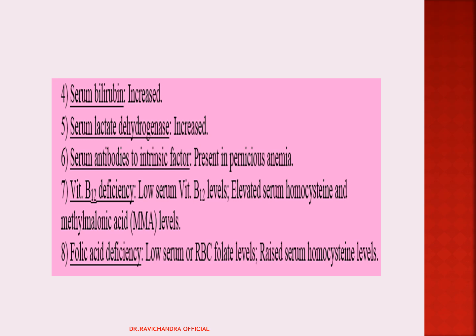Low serum vitamin B12 levels, elevated serum homocysteine levels, and elevated methylmalonic acid levels are characteristic of vitamin B12 deficiency, and low serum RBC folate levels and raised serum homocysteine levels are the features of folic acid deficiency.